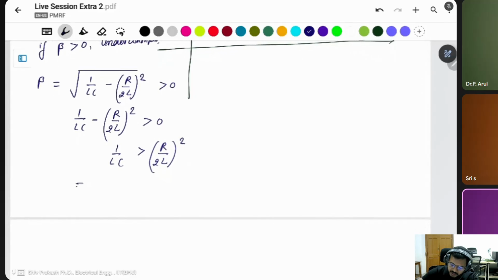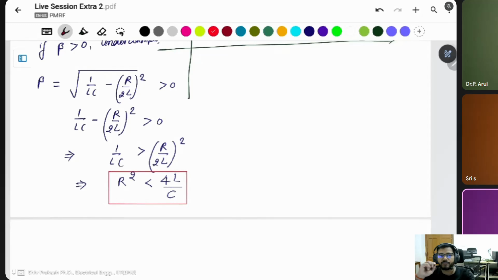In this case, R square should be less than 4 square, that is 4L square by L, where L cancels out, so 4L by C. If this condition is satisfied, that is, if the square of the resistance is less than 4L by C, then the system will be underdamped.